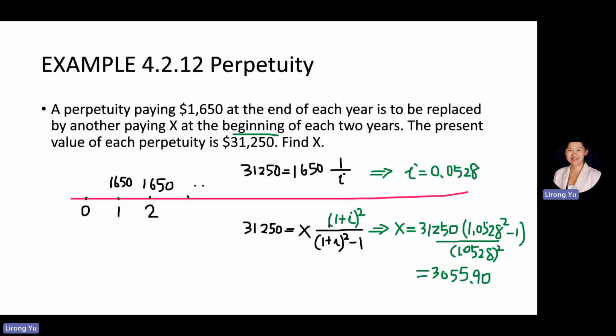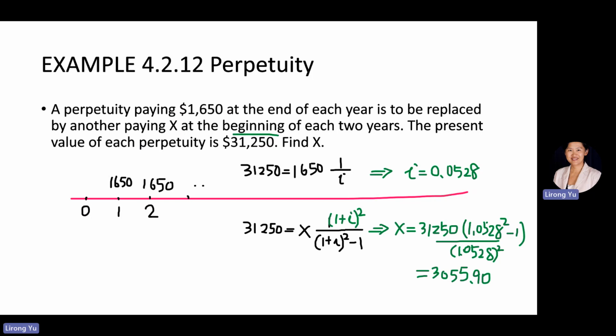Numerator is because we're switching from the end of each year to the beginning of each 2 years. And you can see the timeline.